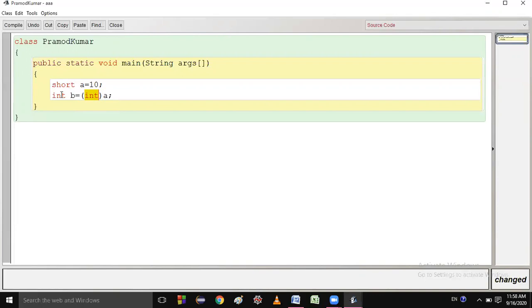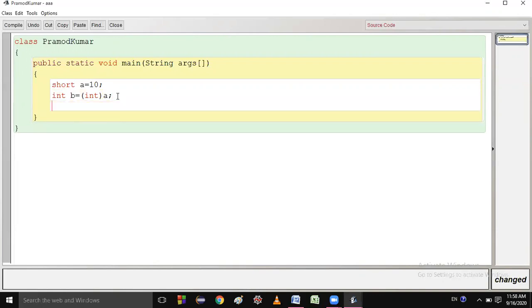If you converted a to int type, then we need to have a variable of int type for storing that value. We need to have a variable b of int type for storing this variable a. So that's why I have written int b. Is it clear? Yes, sir. Okay.